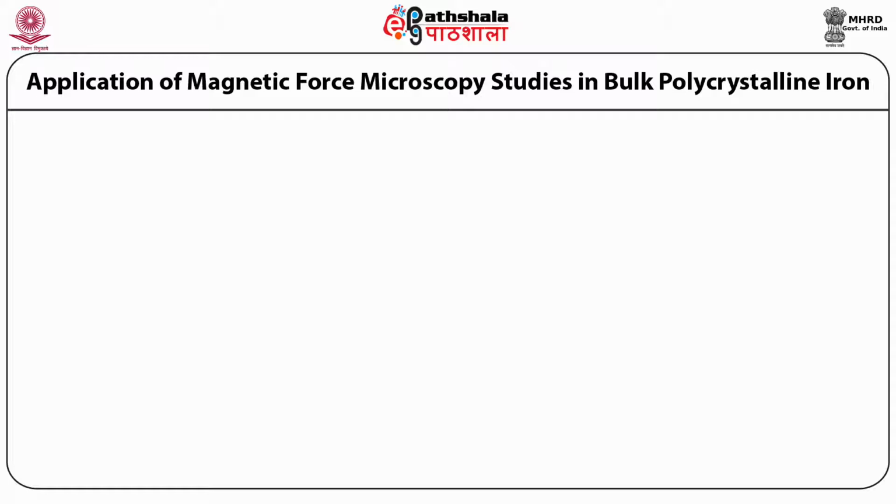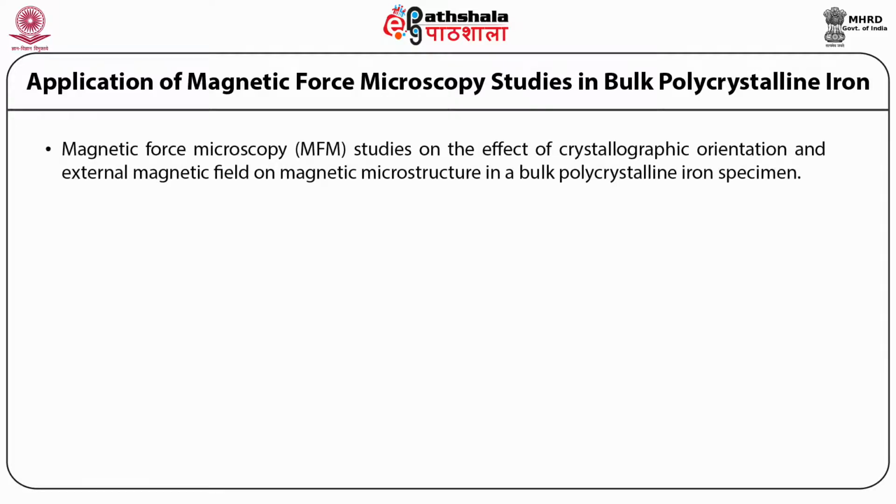Application of magnetic force microscopy studies in bulk polycrystalline iron. Magnetic force microscopy studies on the effect of crystallographic orientation and external magnetic field on magnetic microstructure in a bulk polycrystalline iron specimen.